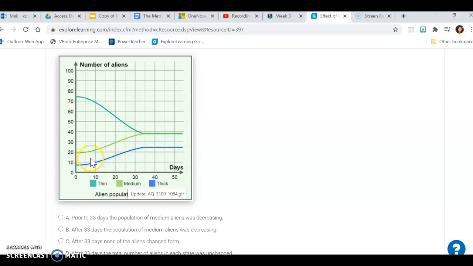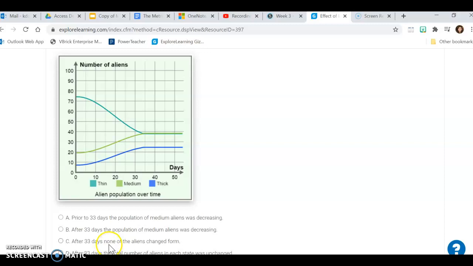That number is increasing. We have a positive slope. Is it option B? After 33 days, the population of medium aliens was decreasing. After we flatline, that means it's going to stay the same.